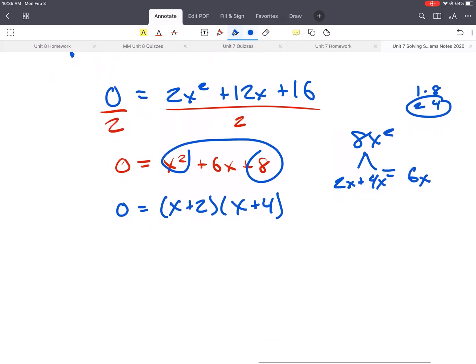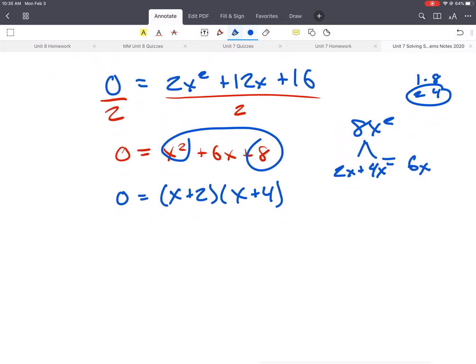And our solutions, since a is 1, we can just say the answers are x is equal to negative 2 and x is negative 4. So again, what we'd do is set x plus 2 equal to 0, subtract 2 from both sides, and we get x equals negative 2. We do the same for the other. That's how we get those solutions.